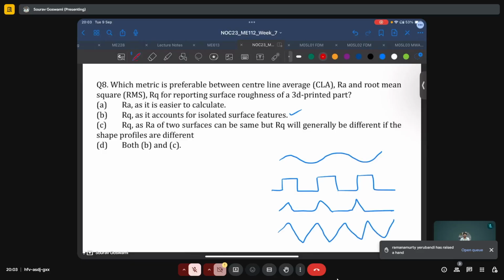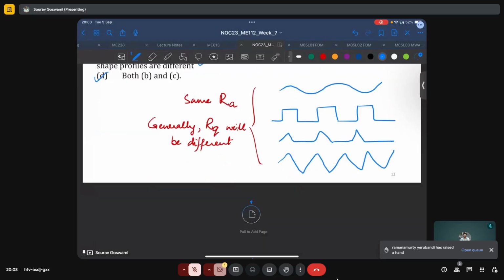All of these can have the same centerline average surface roughness. However, generally the RMS surface roughness will be different. And so Rq is a better representation of the surface roughness. Hence, both options B and C are correct.